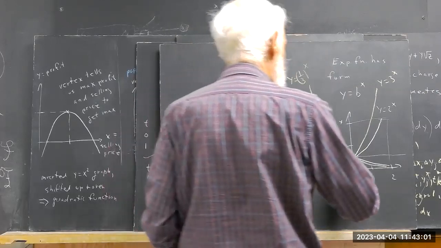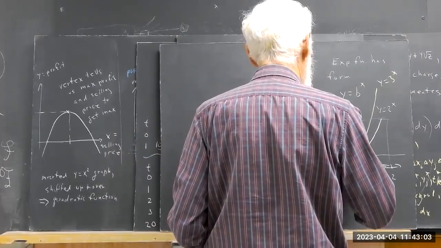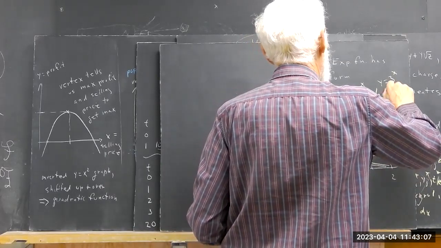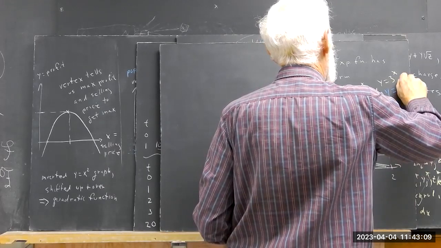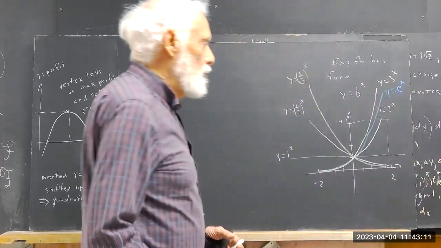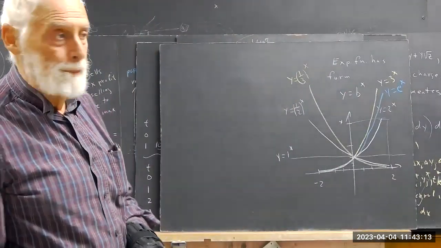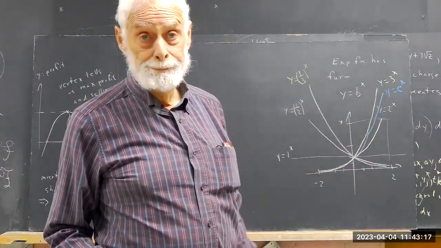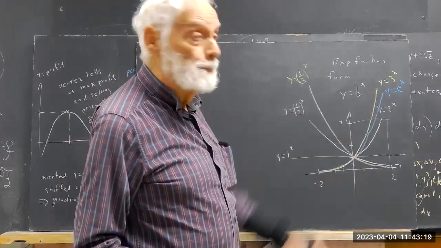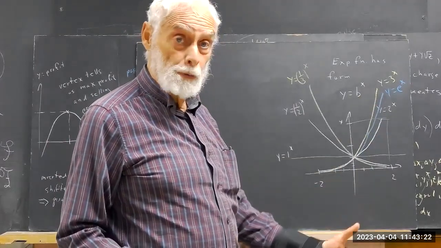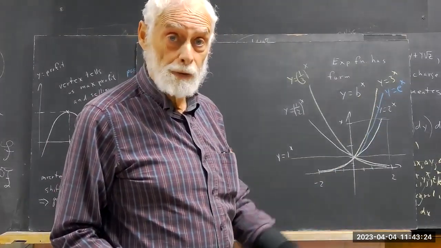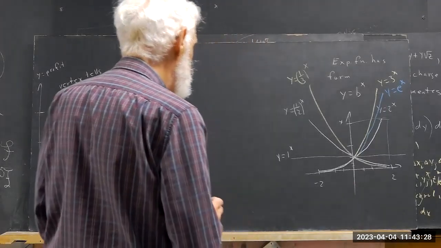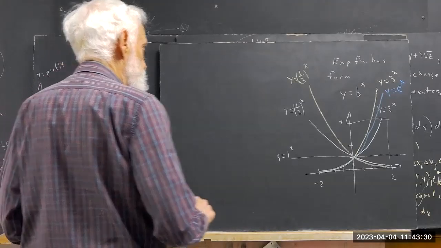But then you have y equals e to the x between the 2 to the x and the 3 to the x graph, because e is between 2 and 3. It's a little closer to 3 than it is to 2, about twice as close to 3 as it is to 2. And e is just a number.